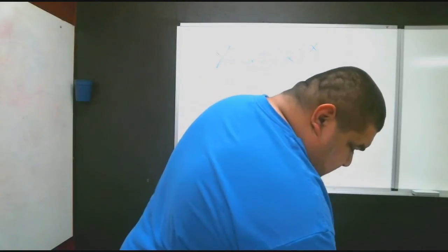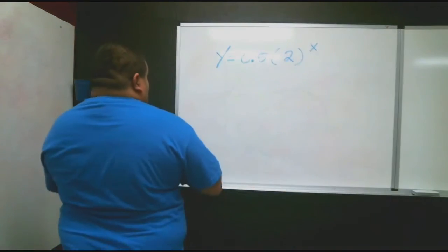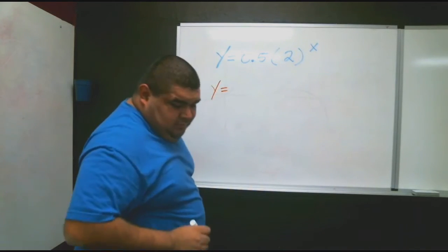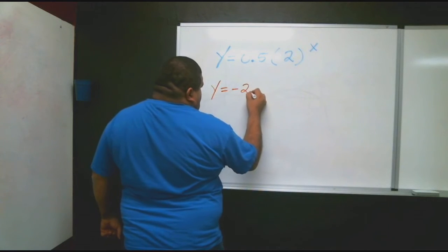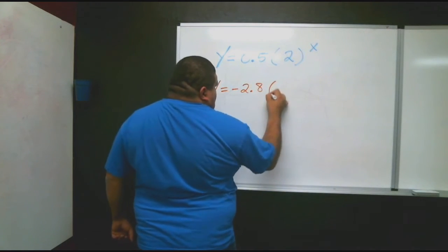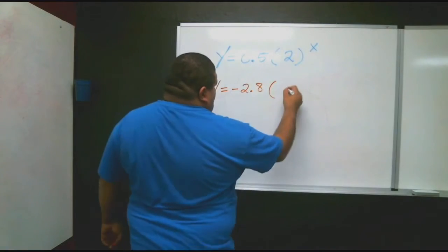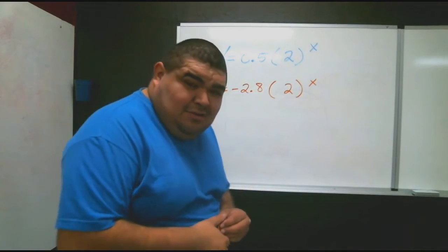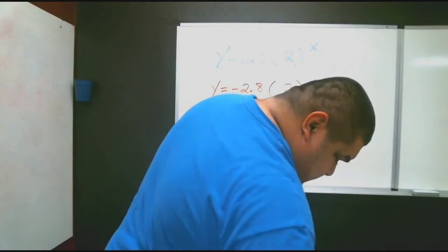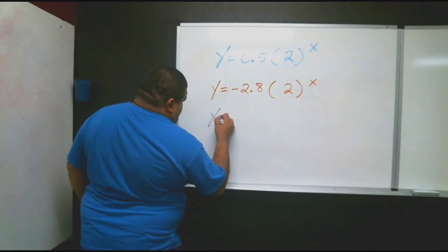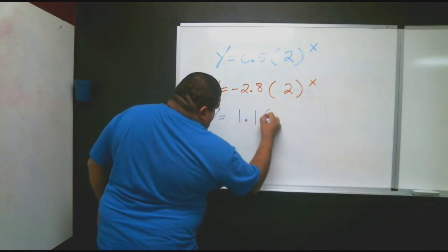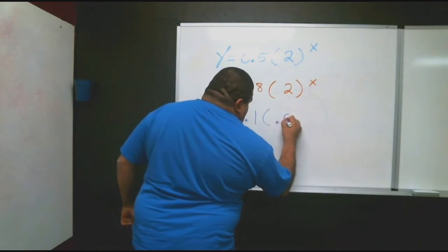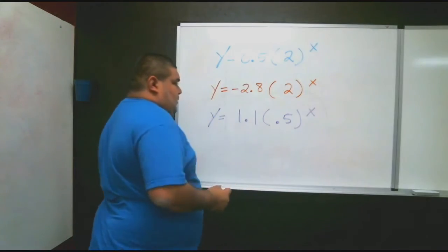For your second one, y equals negative 2.8, and our b is going to be 2 to the x power. And finally, for the last one, we're going to have y equals 1.1, and our b is going to be 0.5 to the x power.